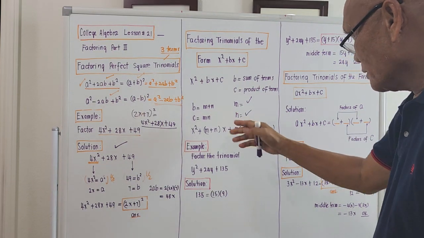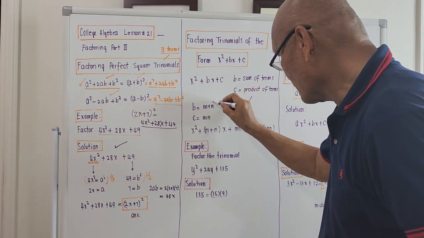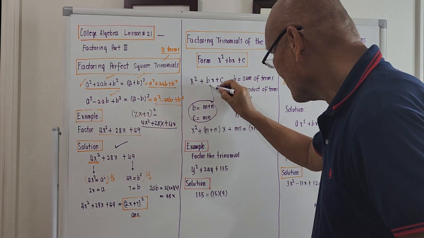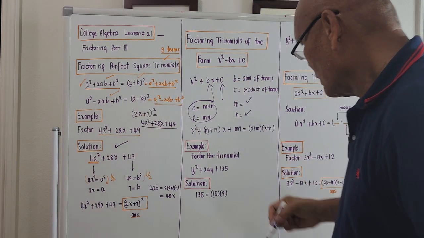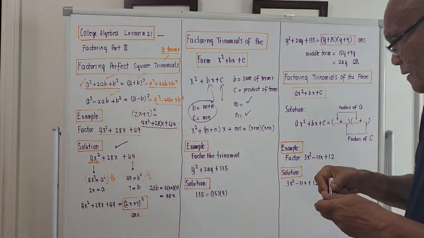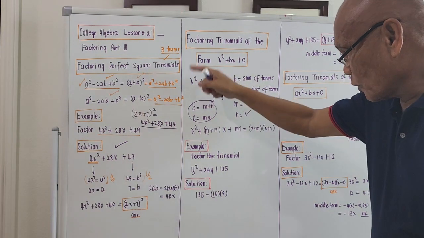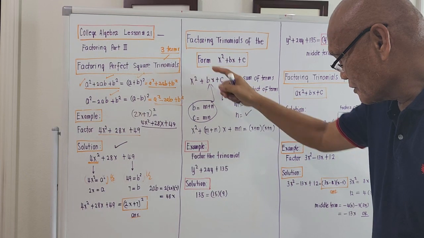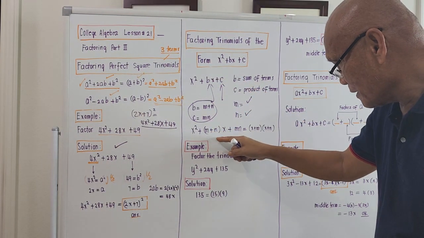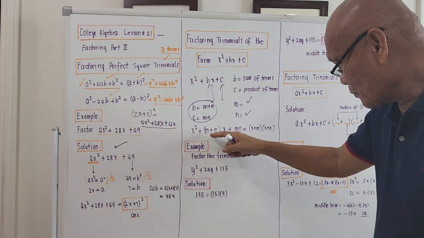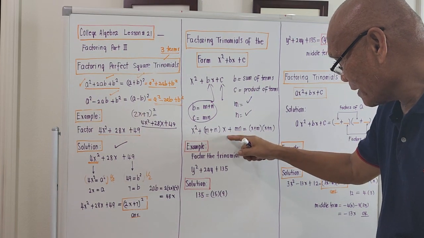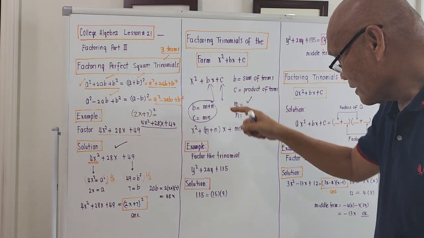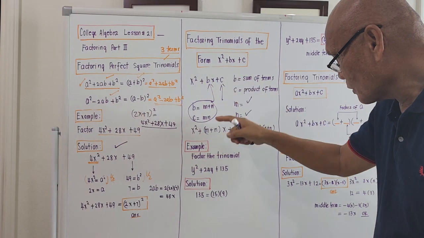So if we substitute these values back here, what will come out will be x squared, which will still be x squared, and we represent b as the sum of the two terms m plus n, which are both real numbers, multiplied by x, plus c. From our representation, c is actually the product mn.